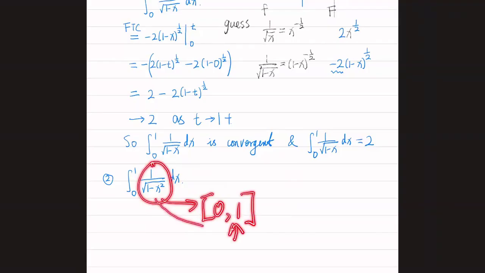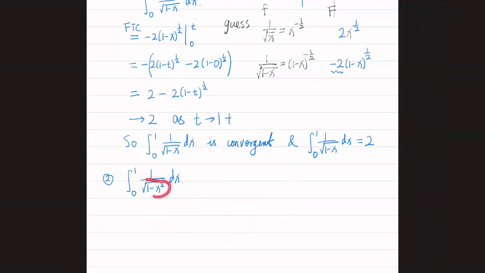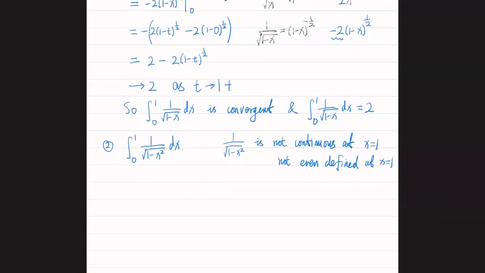Is it continuous at 1? No, it's not even defined at 1. So when x approaches 1, this approaches 0, this approaches infinity, so it's not continuous. Not even defined. Okay, so this is an improper integral.